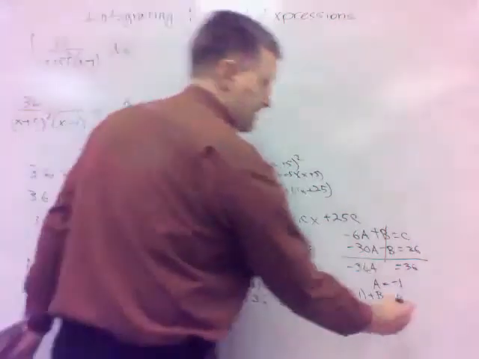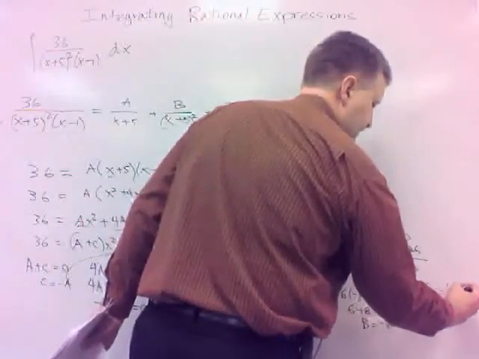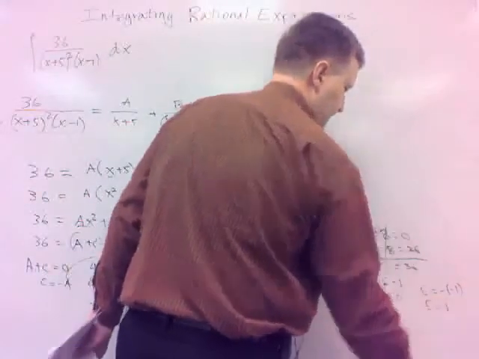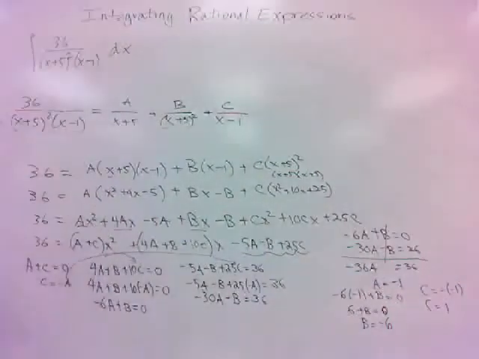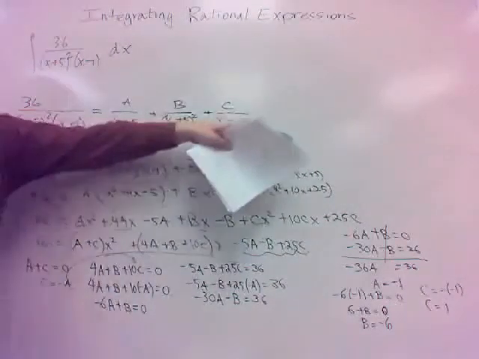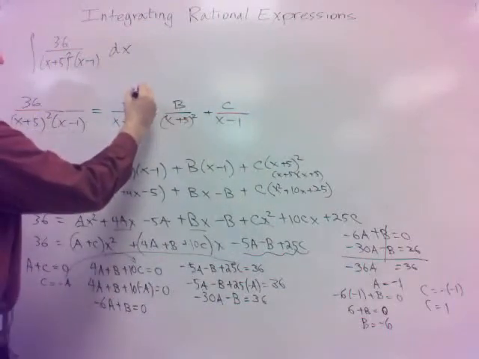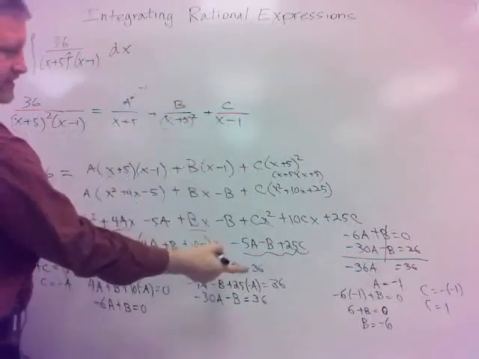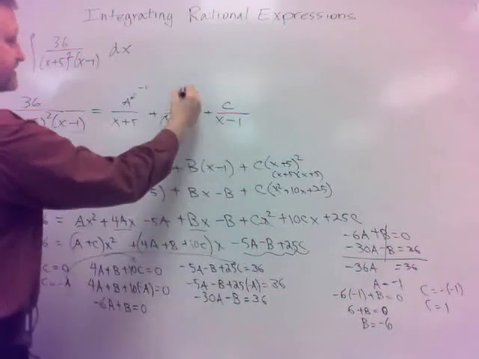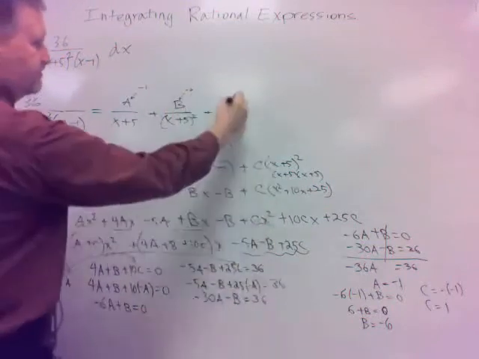Because C is negative A. Okay. So A is negative 1, B is negative 6, and C is positive 1.